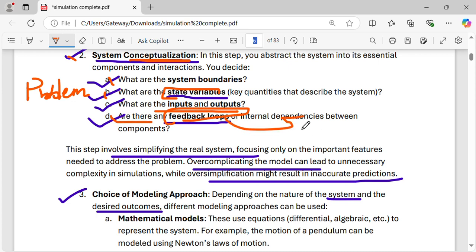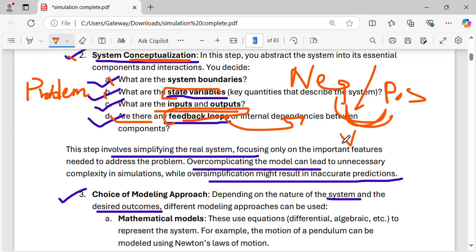We haven't talked much about the feedback loop, but it's basically when your system is designed to give you some feedback, either negative or positive, and based on this feedback you take measures in your simulated system.